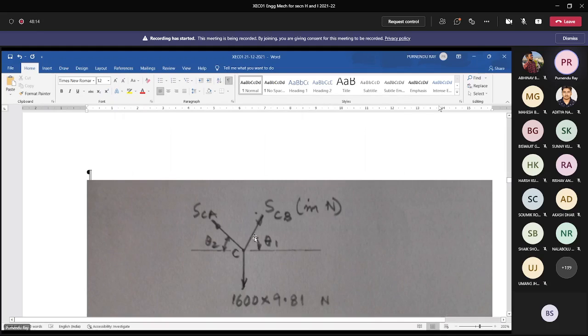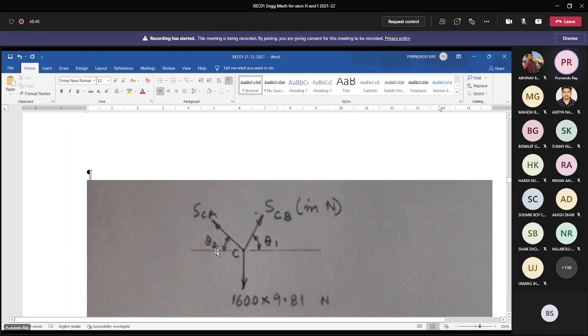Some force is developed along member CB, some force along member CA, to hold this weight of 1600 multiplied by 9.81 newton in its position. Here also this will be newton. Then tan theta 1 is 960 divided by 400, and tan theta 2 is 960 divided by 1100.